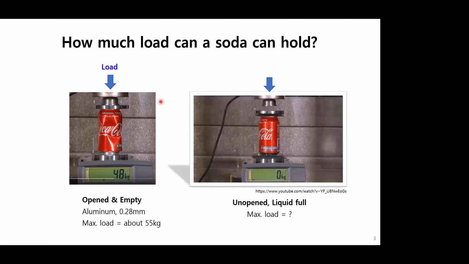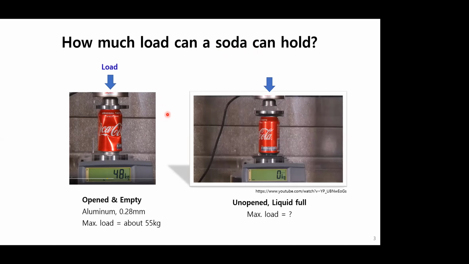Before we get into the subject, hull strength, I'd like to show you an interesting example of a strength test of a small structure, a soda can. It is probably very familiar to you. However, you may have never thought about its strength.